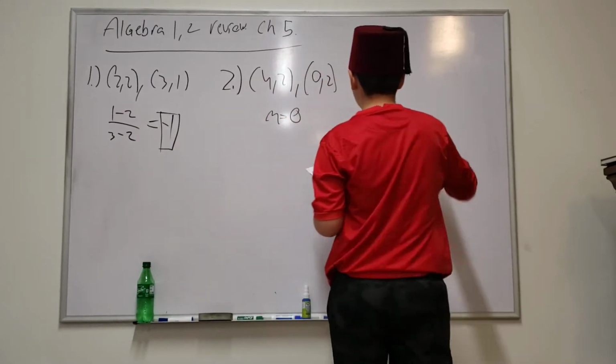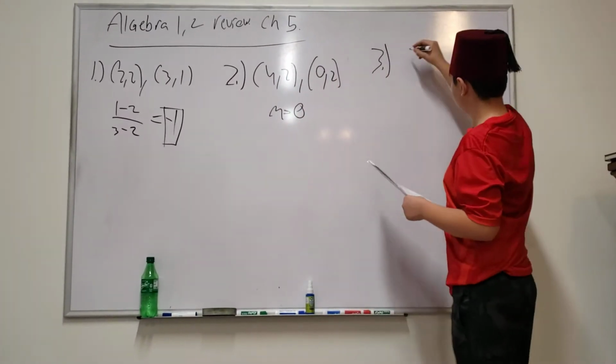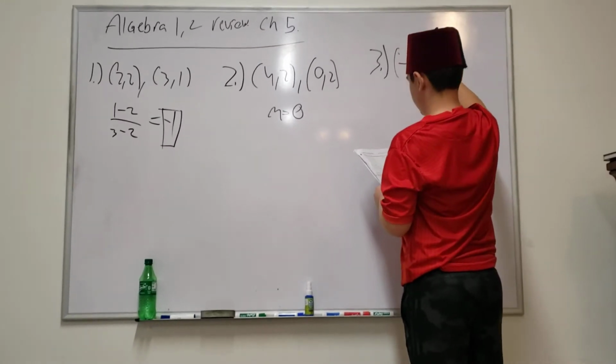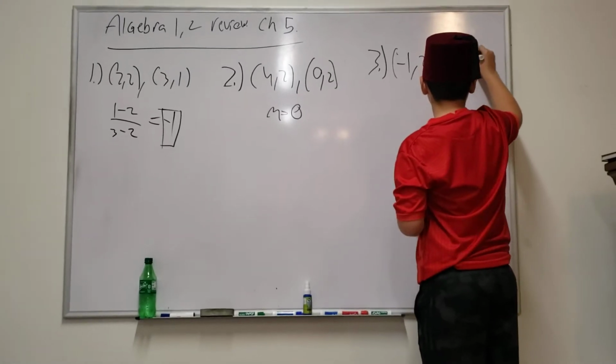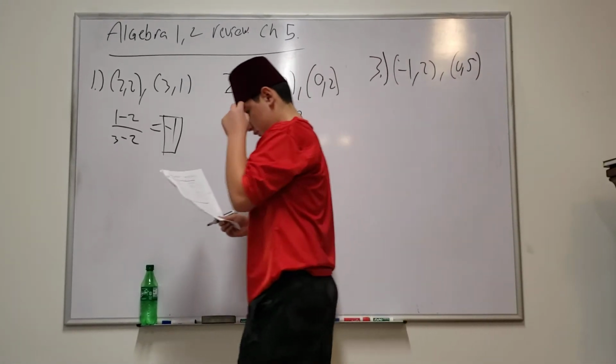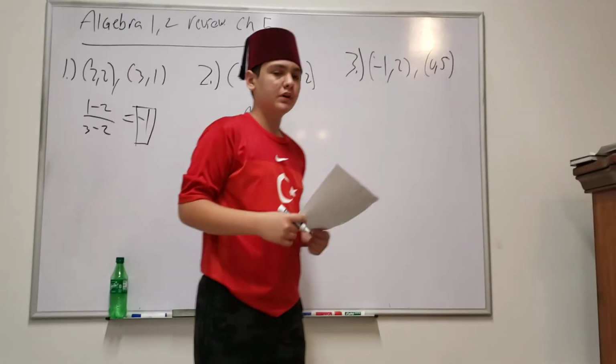Let's go on to 3. So for 3, our points are (-1, 2) and (0, 5). Alright, so let's do our little slope formula.